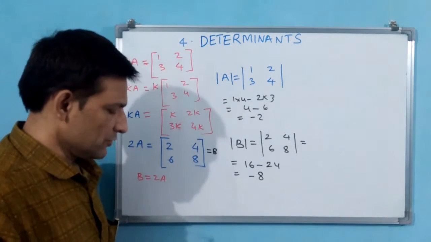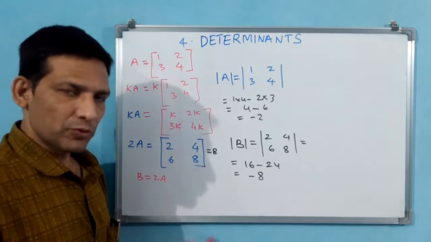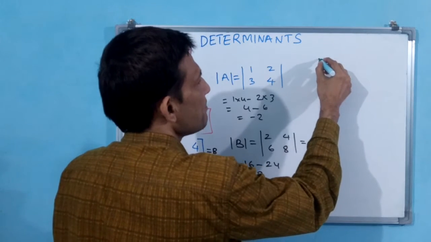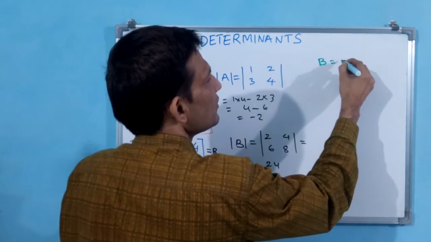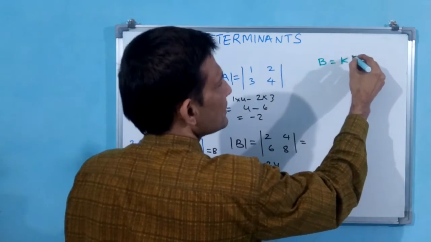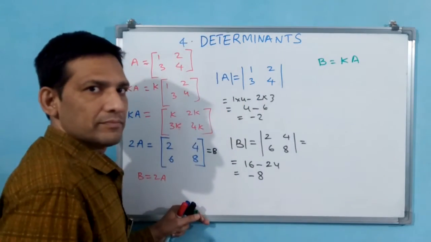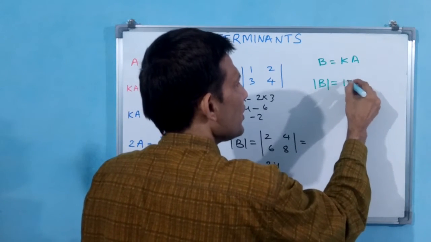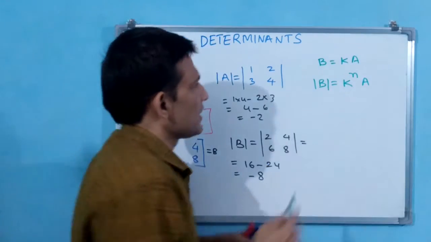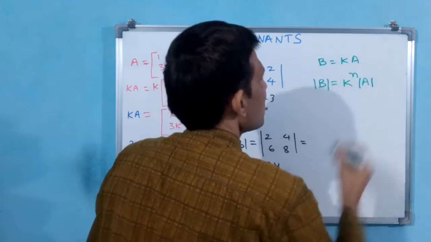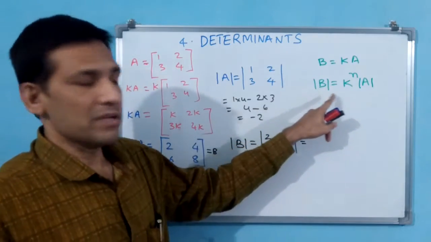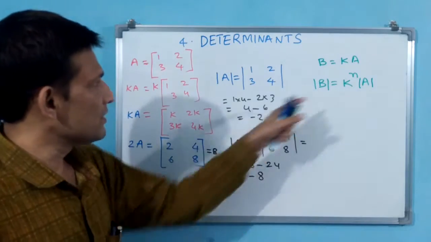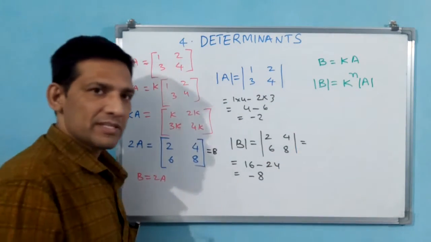Minus 8. Now see, there is a formula to find this. If matrix B is equal to K times A, then determinant B is equal to K to the power of N times determinant A. We have written it, but we know only K. K means a scalar, right?